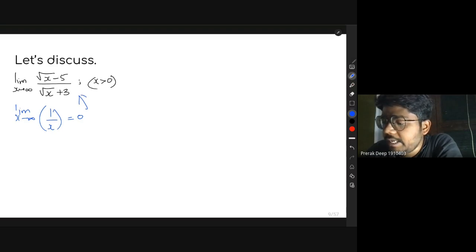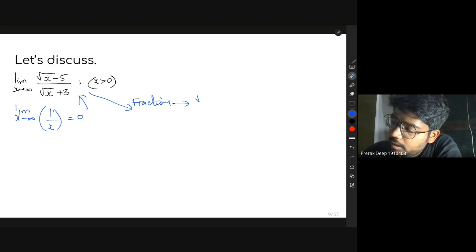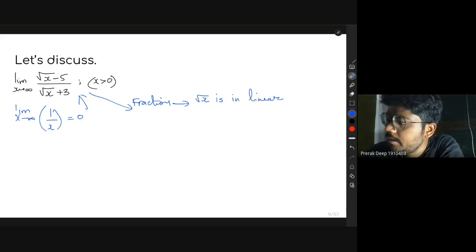We can see that this is a fractional function, and in this fraction, the square root of x appears in both the denominator and the numerator.